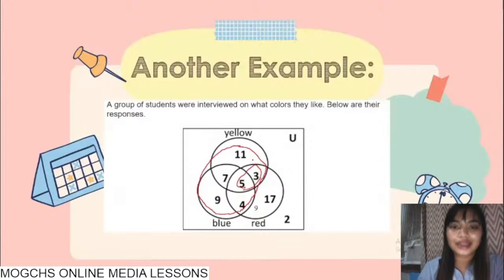So there are 39 students who like yellow or blue.